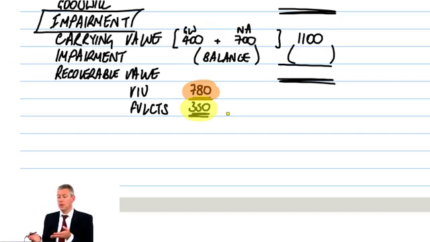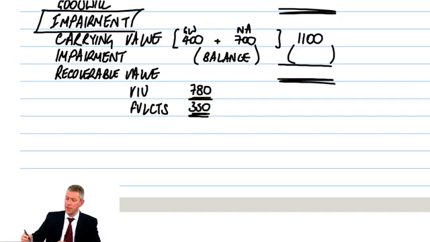If you had those figures, which would you choose? You do have those figures. Which are you going to choose? You're going to choose the 780. Why is that? Because it's the bigger figure. Why is that? Because that's human nature. What the IFRS says is you must use the higher, but the reason it says you must use the higher is it's reflecting human behaviour. That's all it is. So it's the higher of those two.